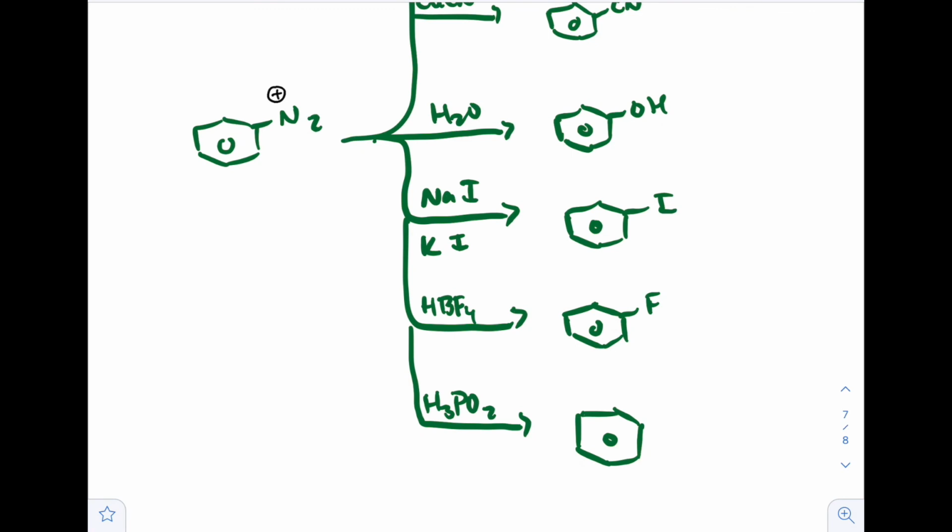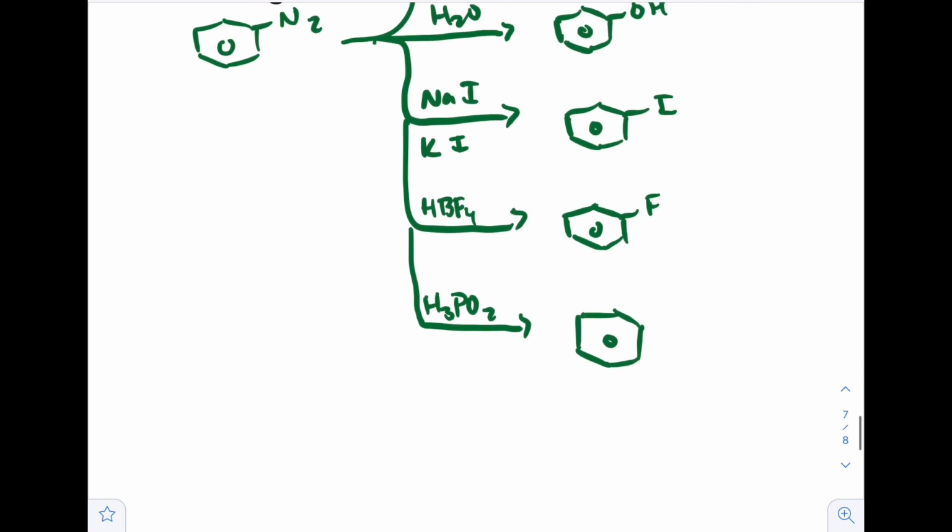Sodium iodide we can also make, and potassium iodide we can also make that iodobenzene. HBF4 gets us our fluorobenzene. Nice. And this HBF4 is fluoroboric acid. Okay, so it might be tetrafluoroboric acid because there's 4 fluorines on there, but that's the HBF4.